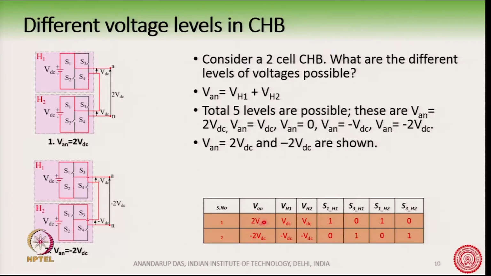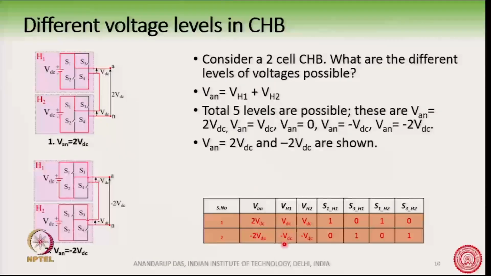So, if VAN is 2 VDC, of course, VH1 will be VDC and VH2 will be VDC, and in order to get VH1 as VDC, we should turn on S1 and S4 as shown here. Similarly, if we want to get minus 2 VDC in VAN, then we need to have VH1 as minus VDC and VH2 as minus VDC, because their sum will be equal to minus 2 VDC.